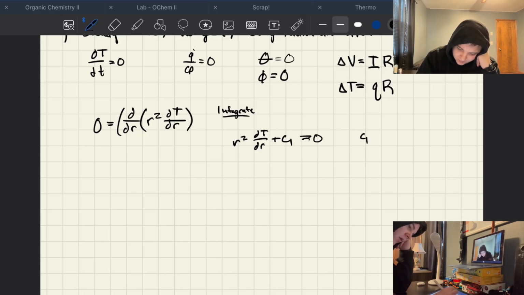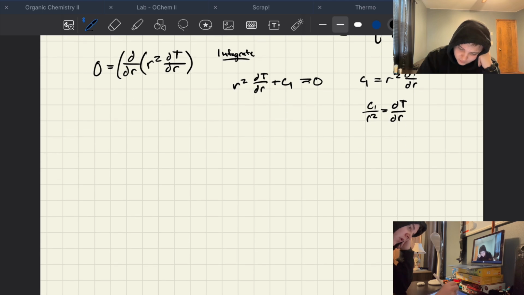So when we solve for c1, we'll get c1 equals r squared dT/dr. And then if we want, we'll have c1 over r squared equals dT/dr. We'll use both of those later. So we need to integrate again.